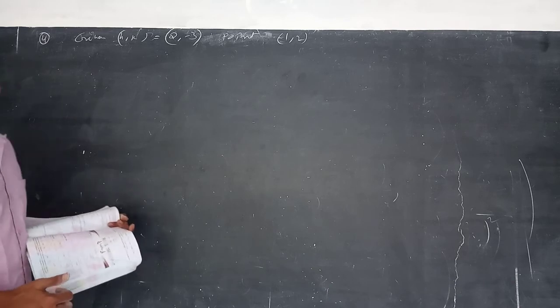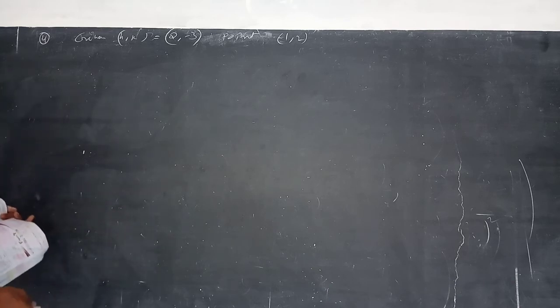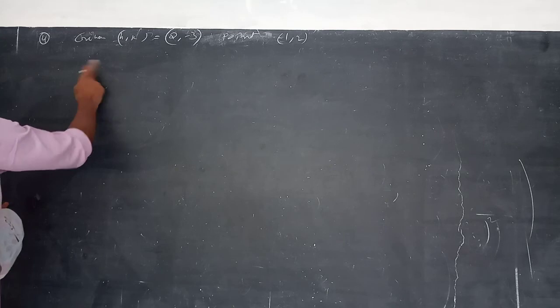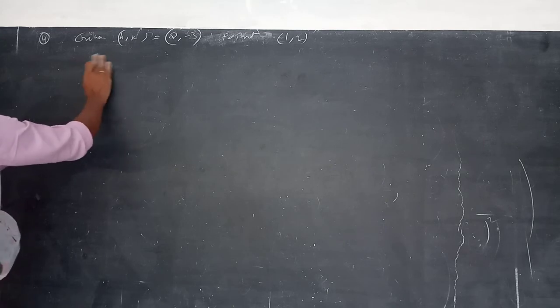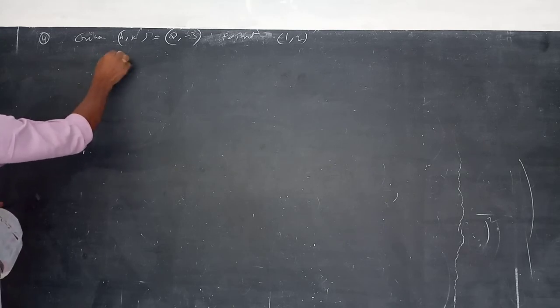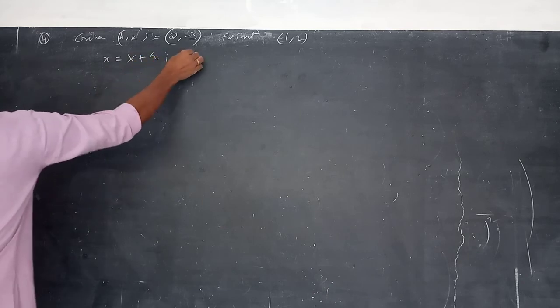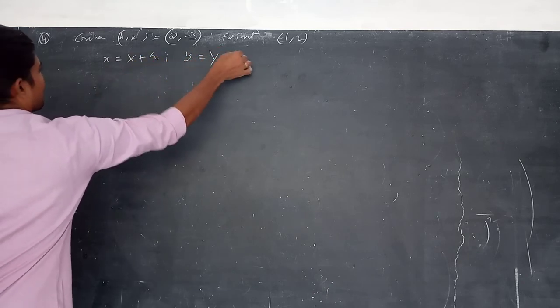X plus h, y plus k. Small x equal to capital X plus h, small y is equal to capital Y plus k.